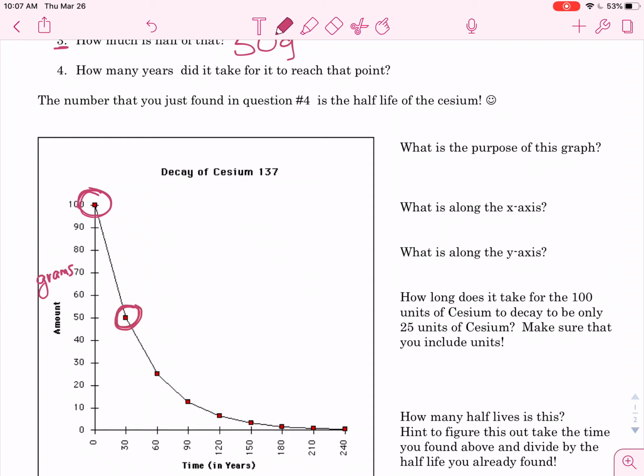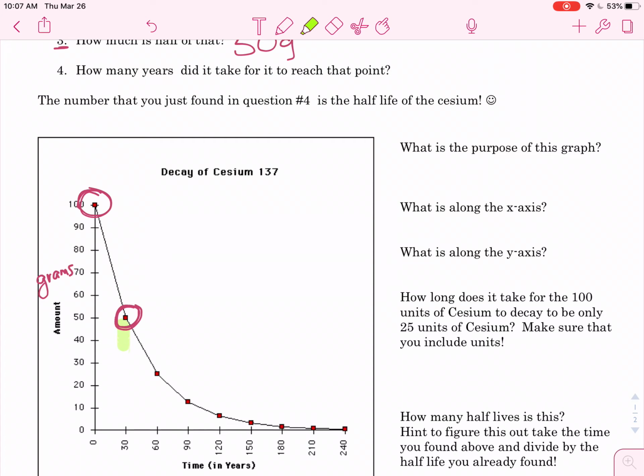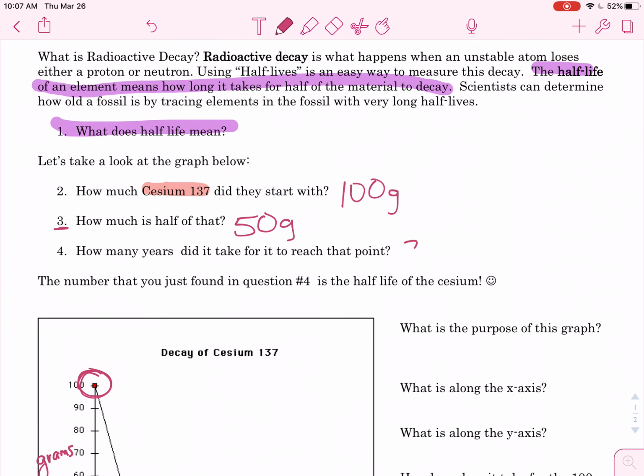If we look at our graph and extrapolate down, we can see that it's about 30 years, because our x-axis is in years. So that is our half-life of cesium. The number that you just found is the half-life of cesium.